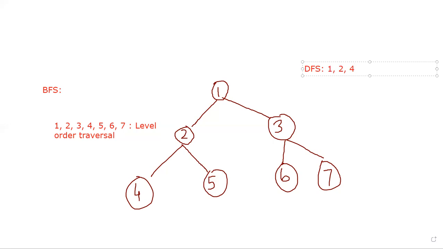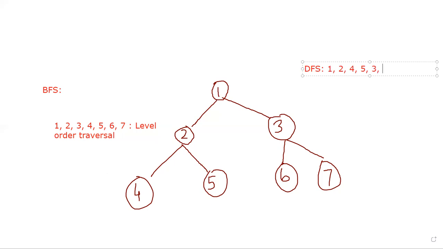So you will come to 4. 4 is a new vertex. You explore 4, nothing is there. You come back to 2, explore the rest of 2. Then you come to 5, explore 5, nothing is there. Come back to 2. So everything related to 2 is explored. Then you come back to 1 and complete the exploration of 1.